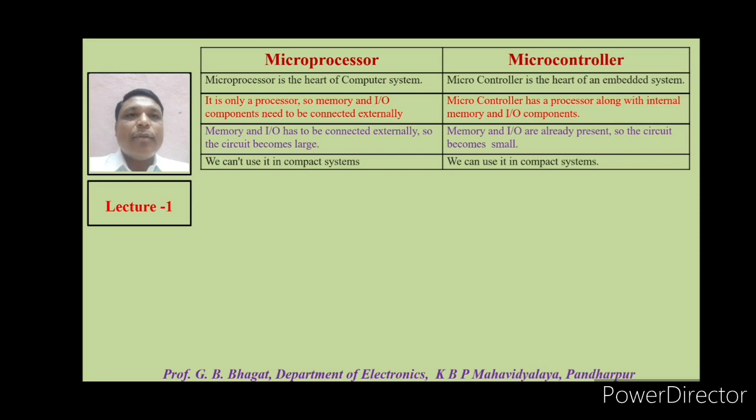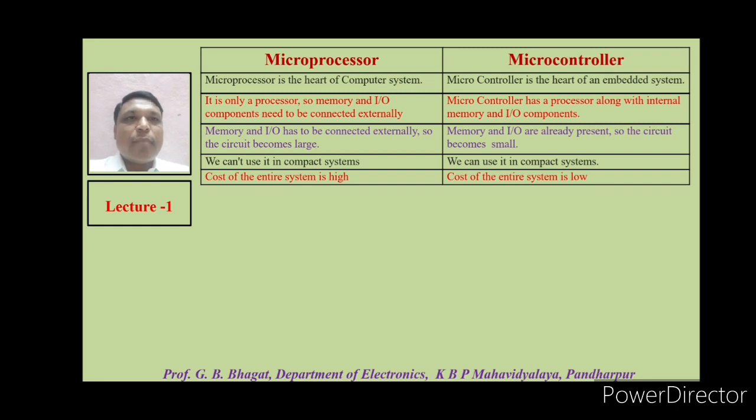Microprocessor can't be used in compact systems, but microcontrollers can be used in compact systems. The next, the cost of the entire system based on microprocessor is high, whereas the cost of the entire system based on microcontroller is low.